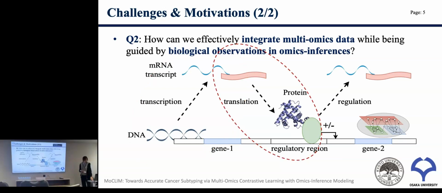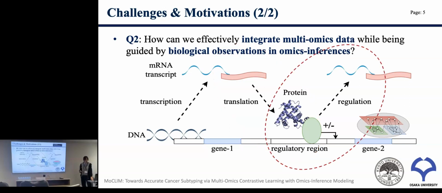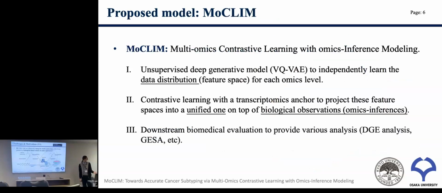Next, these transcripts may be translated into certain proteins, which may have the function to regulate the downstream microRNA transcript. So we can find that all these layers, the DNA layers or the protein layers, are related to what we think is the most important, the mRNA transcript layer.